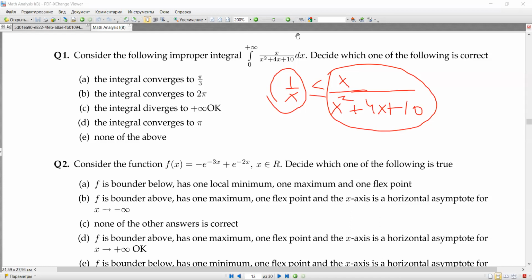For example, here, so we can prove it. How? Look, here we have x on top and x squared in the denominator. So this will be greater than or equal to, look, here we can write, for example, x plus any x squared, for example.